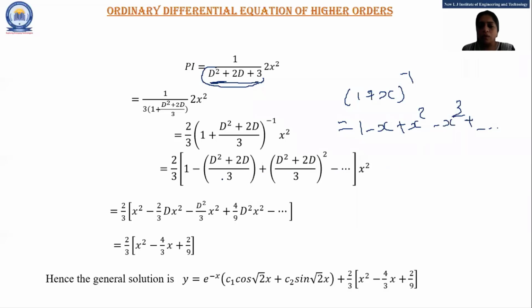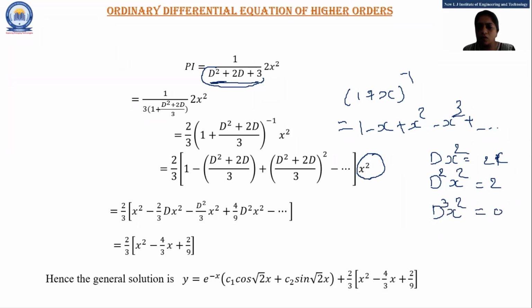Here we want only the maximum power of D square. Why only 2? Because the power of x in the right-hand side is 2. We just want 2 because the derivative of x square is 2x, D square of x square is 2, and D cube of x square is 0.